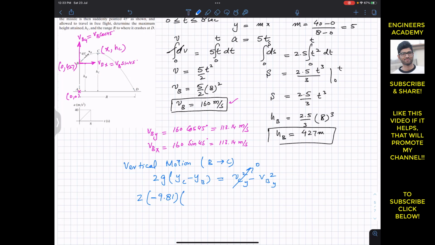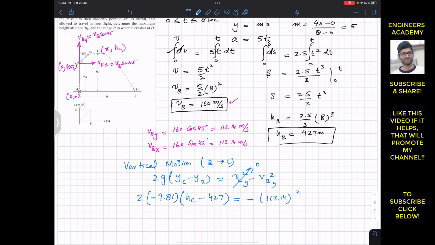And the vertical coordinate of the missile at point B is hb, which is 427. So yb is 427, and this is minus vby, which is 113.14.